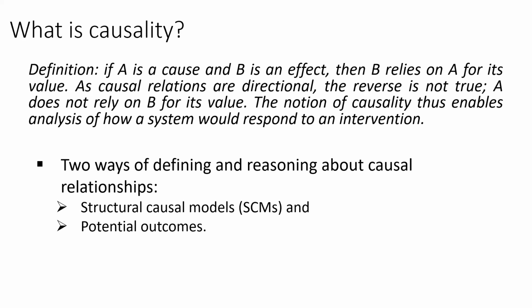In a clinical environment, causal reasoning can be useful for deciding which treatment will result in the best outcome. So they introduced two approaches of defining and reasoning about causal relationships. One is structural causal models, and the other one is potential outcomes.